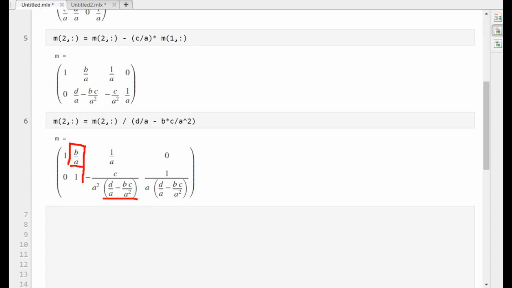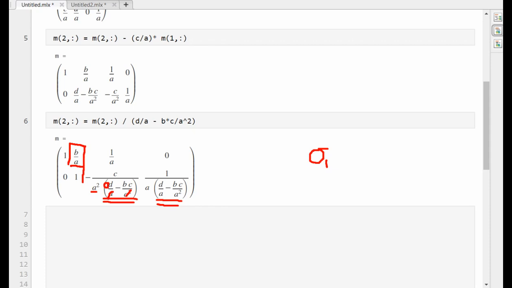If I have a squared times this value, which in a minute, as it gets complicated, the Matlab is going to start referring to as sigma 1, the value in the parentheses is going to be sigma 1. But if I think about a squared times this value, if I distribute this, I'm going to cancel one of the a's here, so I'll end up with the determinant, AD minus BC.